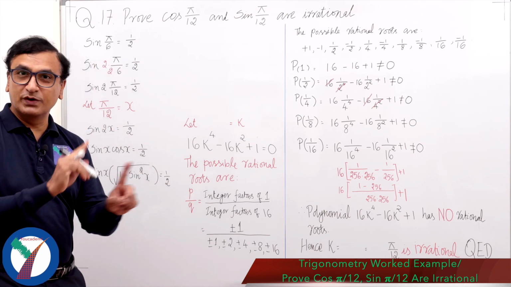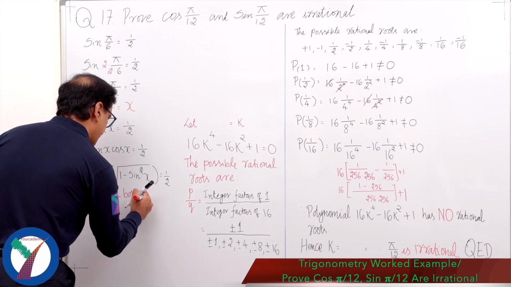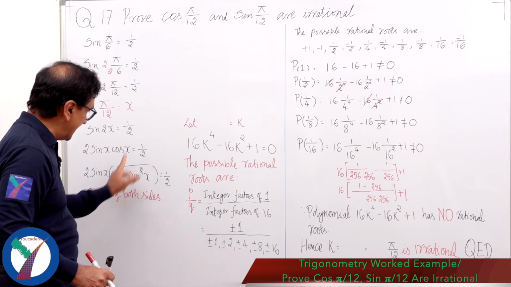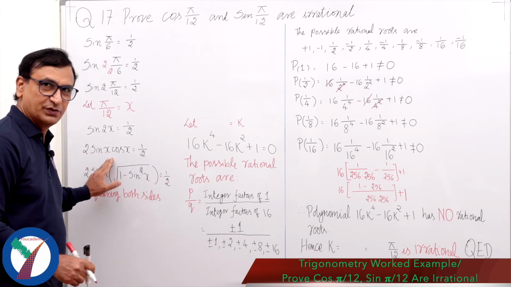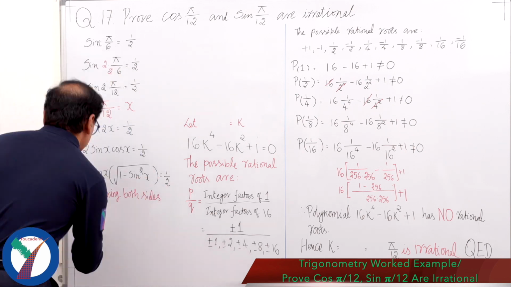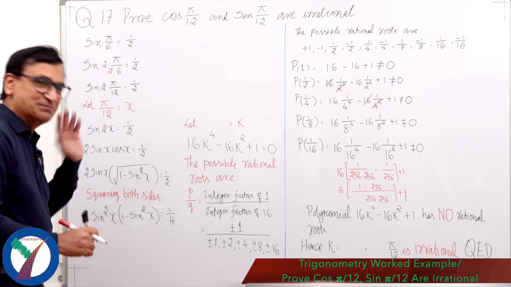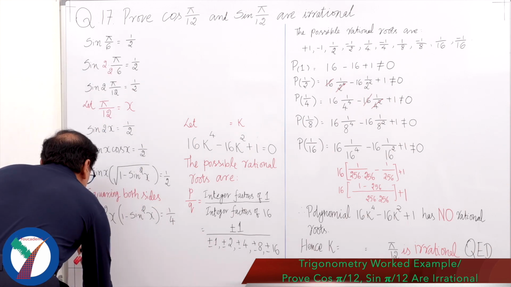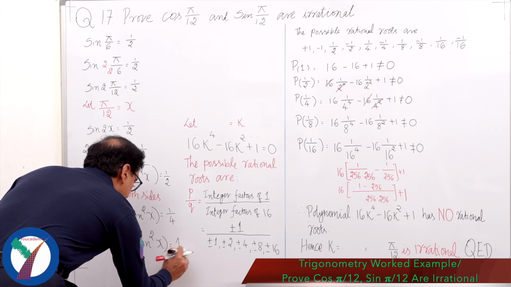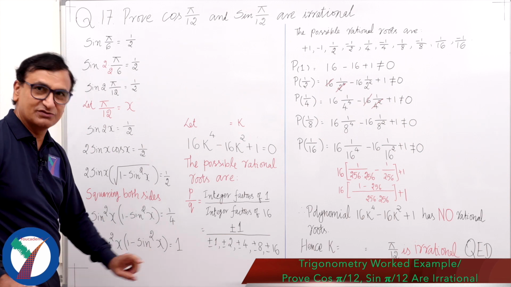As before, let us square both sides. So you have 4 sin square x multiplied by, we already have a square root sign here, so 4 sin square x multiplied by (1 minus sin square x) equals 1 divided by 4. Okay, so let's simplify this. So we have 16 sin square x (1 minus sin square x) equal to 1.